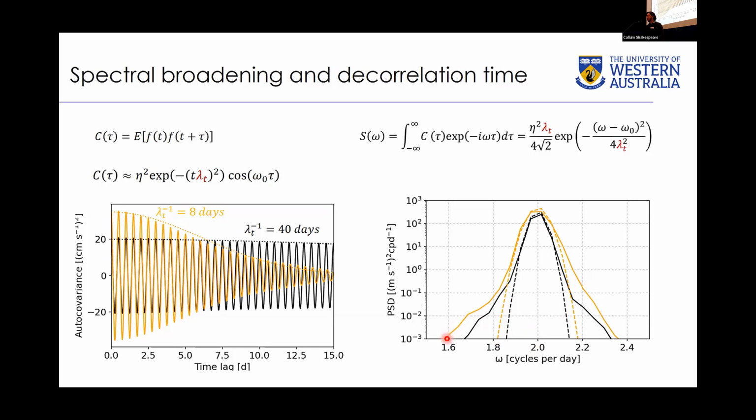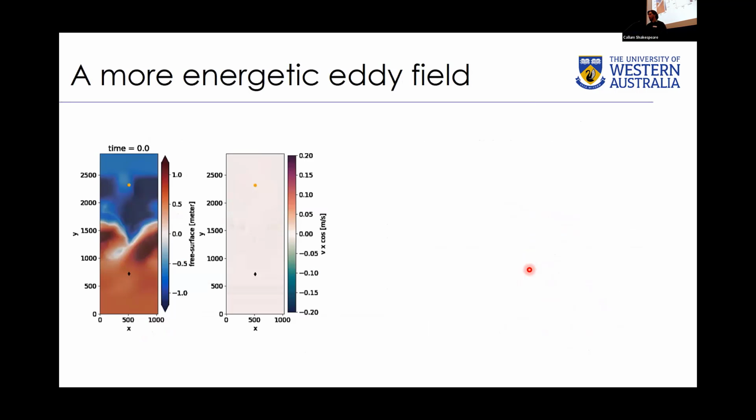So this is the power spectra of those 2 points in the solid, and then the dashed are the parametric fits. And lambda t is this quantity that we care about that's setting this spectral width.